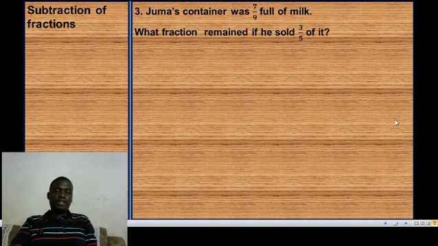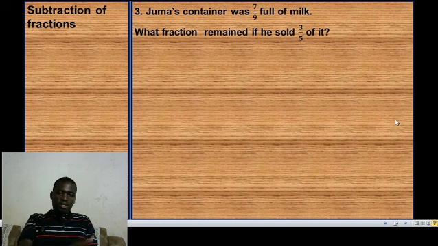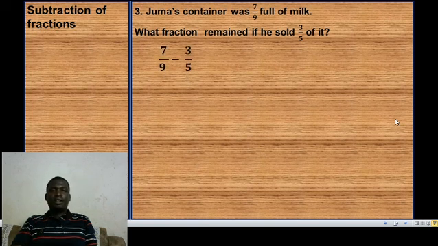He had 7 out of 9. He had 7 out of 9 full of milk in the container and he removed 3 out of 5. Selling off means gave out, sold, removed, subtracted, took away. So we shall have 7 out of 9 minus 3 out of 5.